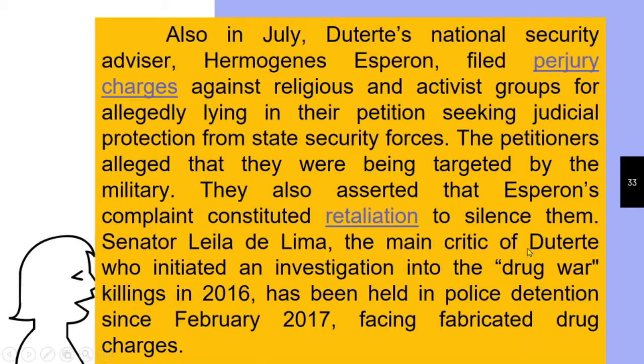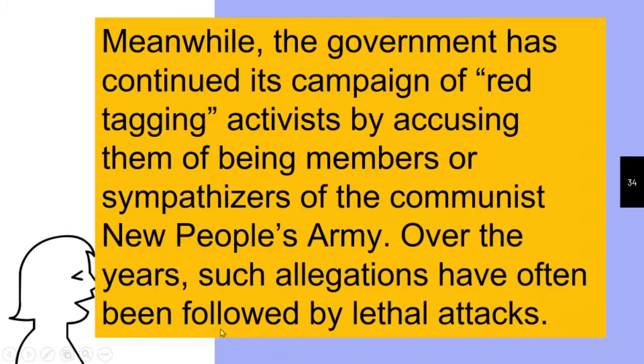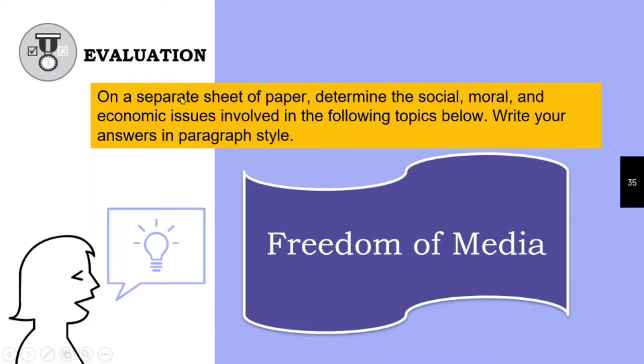Senator De Lima, the main critic of Duterte, who initiated an investigation into the drug war killings in 2016, has been held in police detention since February 2017, facing fabricated drug charges. Meanwhile, the government has continued its campaign of red tagging activists by accusing them of being members or sympathizers of the Communist New People's Army. Over the years, such allegations have often been followed by lethal attacks.